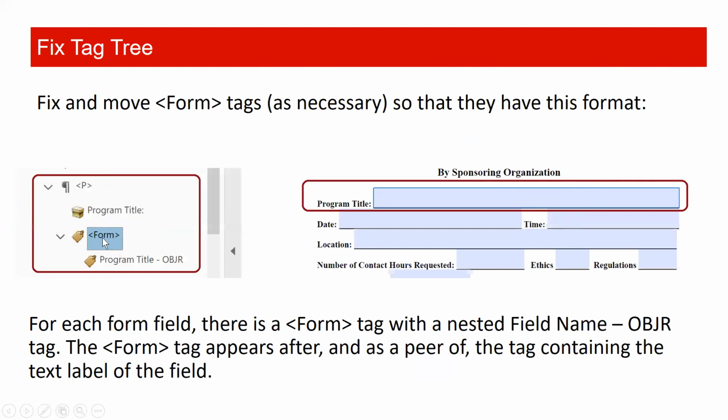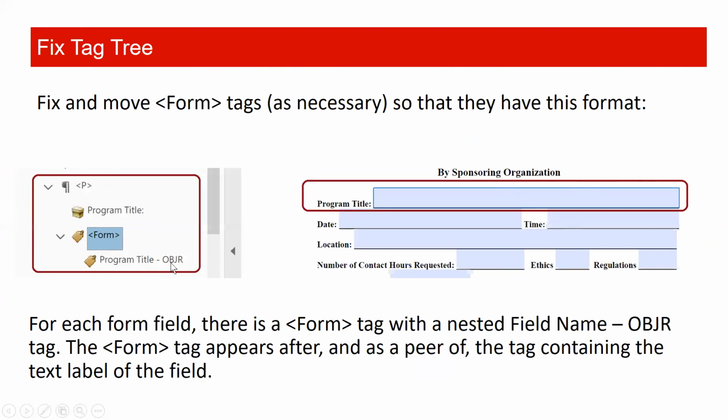So that's the tag labeled form with a bracket on either side of it. Underneath that, so nested under it in the hierarchy, there should be an object reference tag. The name of that object reference is going to be the field name and then OBJR. So program title is the name of the field visually highlighted on the right side of this image.